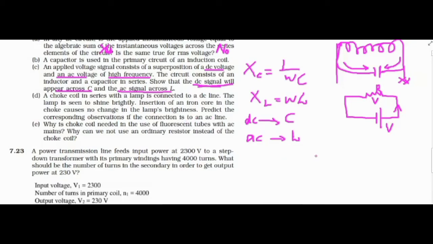Okay. The question says that there is a series circuit of a bulb. Bulb means you have to take it as a resistor. Then next it is connected to a coil, choke coil.